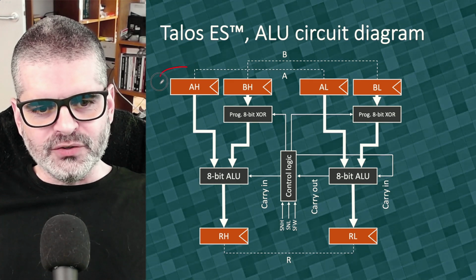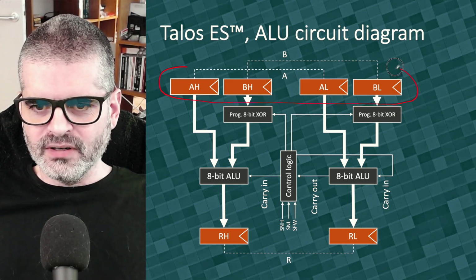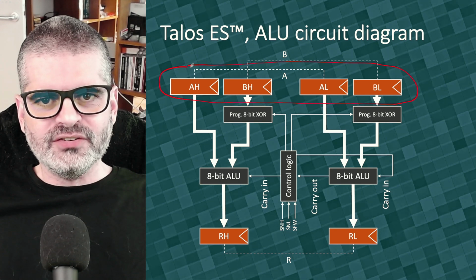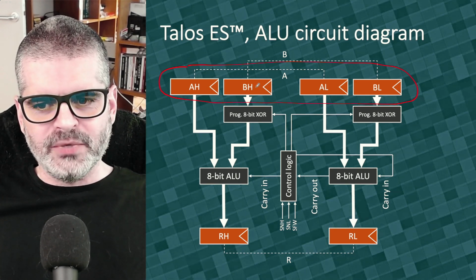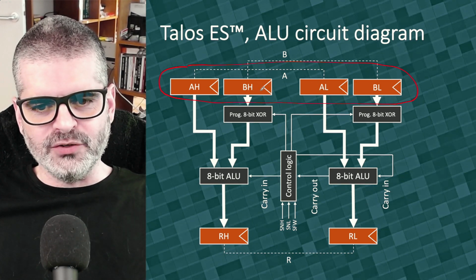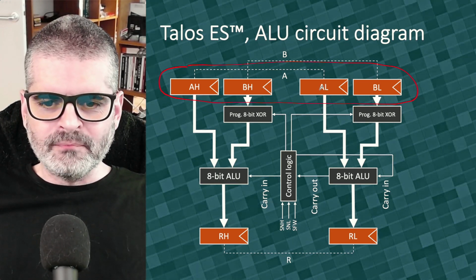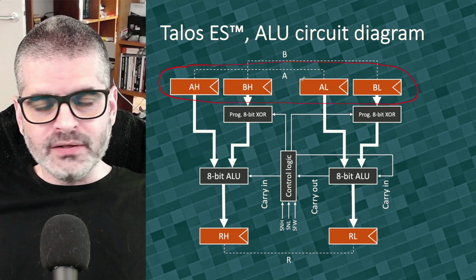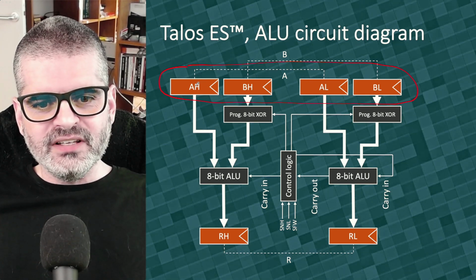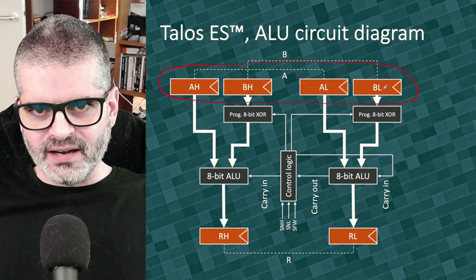Notice that when I showed you this, I showed the 4 general-purpose registers of Talos, A high, B high, A low, and B low, which can be used as 4 8-bit or 2 16-bit registers. But in the ALU card itself, these registers are not there.